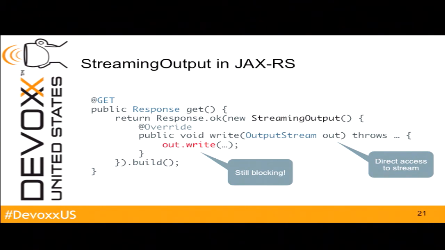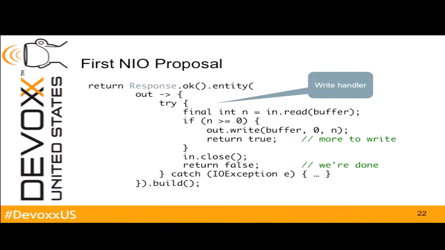So based on this idea, the first proposal was to go in this direction. What if we had another type of streaming output, if you will? Obviously, at this time, we already had Lambda, so there was no need to create another type. The basic idea here is that this write handler is something that will be called multiple times by the JAX-RS runtime, somewhat similar to the way Servlet does NIO.